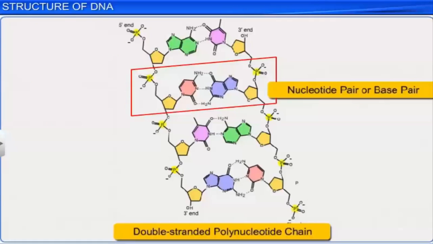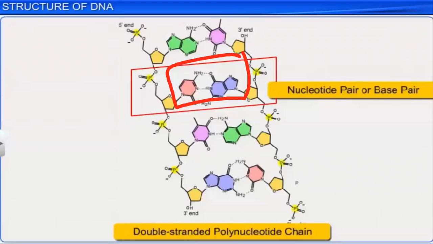And we learned that there are two types, purines and pyrimidines, again adenine, guanine, cytosine, thymine. These are the four, and they are very particular about their bonding.